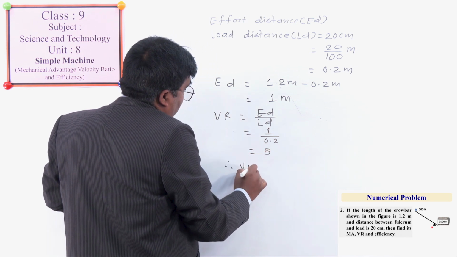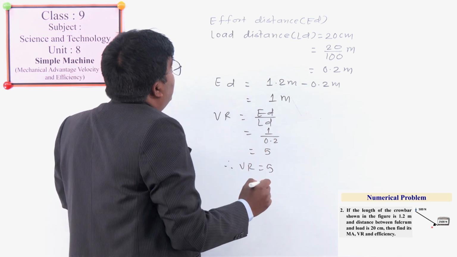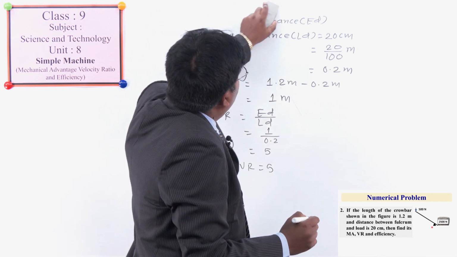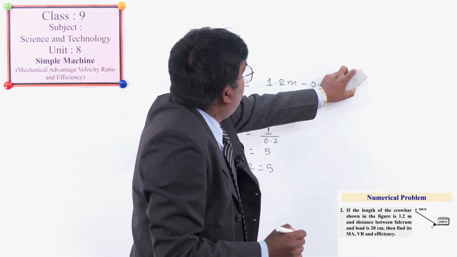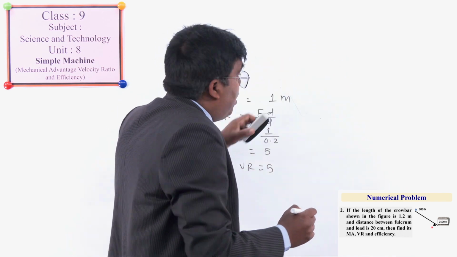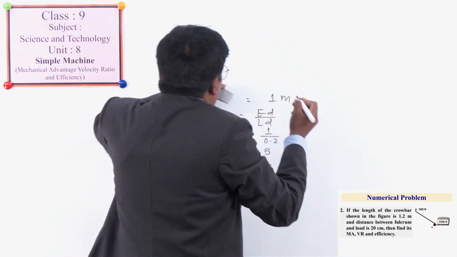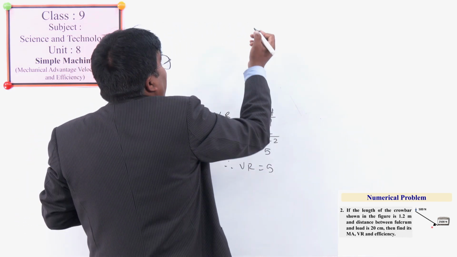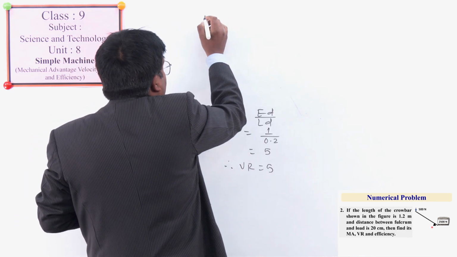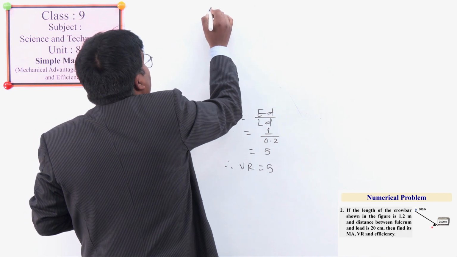So VR equals 5. Oh my God. Here we got MA 5, VR 5. Usually this is not possible in a practical machine, but in case of a lever it can be considered, but in practical life it is quite difficult to get MA and VR equal.